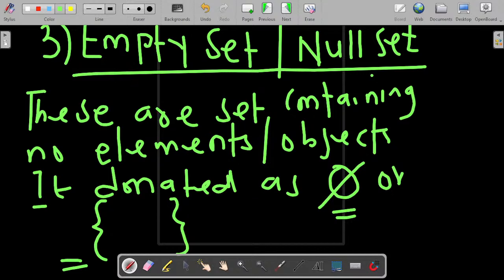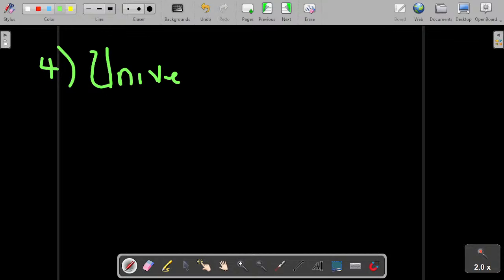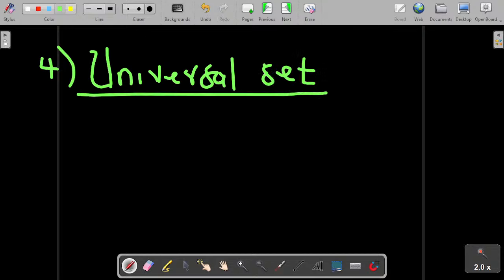Then number 4, we have what we call the universal set. This universal set has a symbol too. This is how it is written.